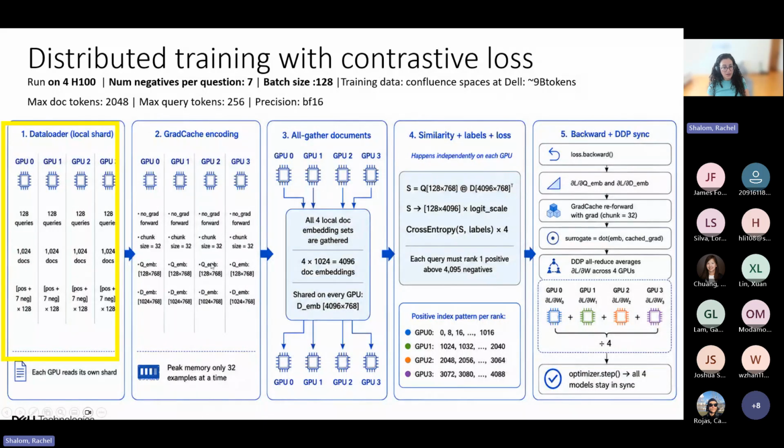Then we move to the second part, which is the forward pass. We put in the text. What do we get back? Vectors. Now, there is a trick here to save memory. The first is that we are not saving the computational graph. With PyTorch, saving the computational graph means saving all the activations and different parts of attention in memory, and it takes a lot of memory.